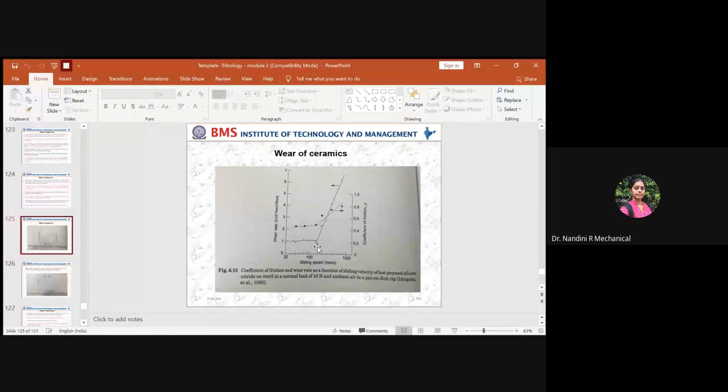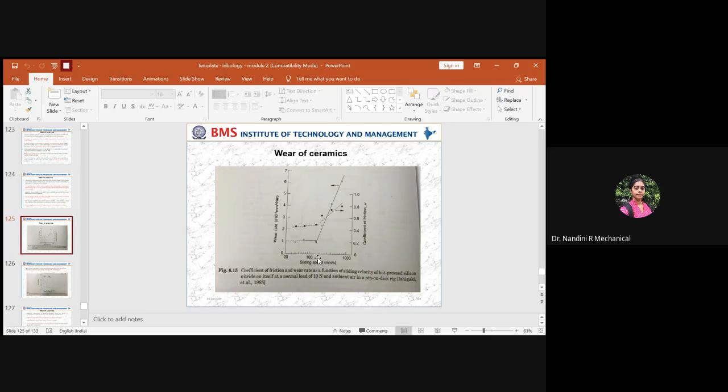So if that safer sliding speed is identified either theoretically or experimentally, then it is always better to run within the same safe zone of sliding speed, so that the coefficient of friction and the wear amount will be within the safer zone, and you can run that component for a longer extent until it is needed to slide and give the required result.